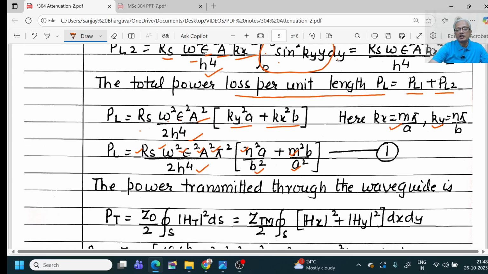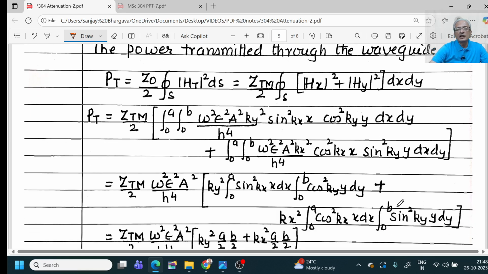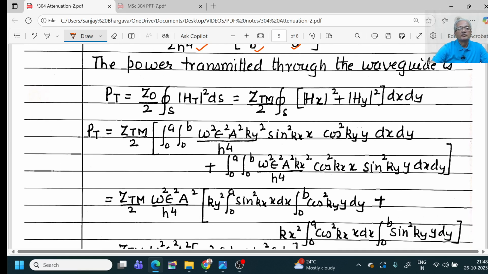We need to calculate the power transmitted. Then we can calculate the attenuation constant. The power transmitted through the waveguide is given by Z0 by 2 closed surface integration |Ht| square ds, or ZTM by 2 integration |Hx| square plus |Hy| square dx dy. Now substitute the value of Hx and Hy.